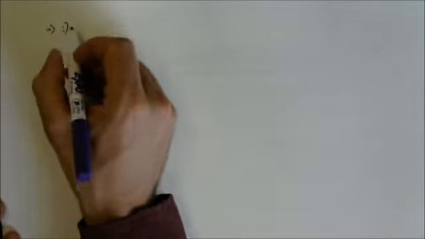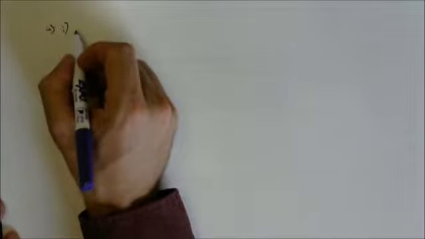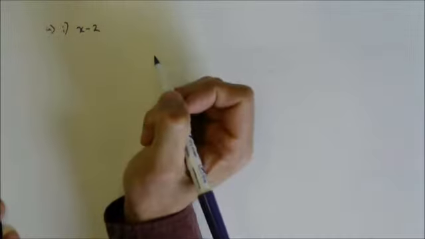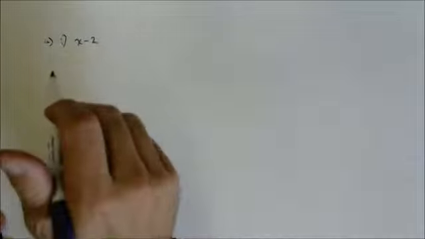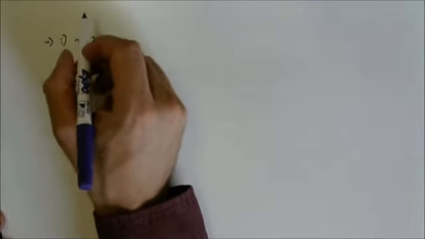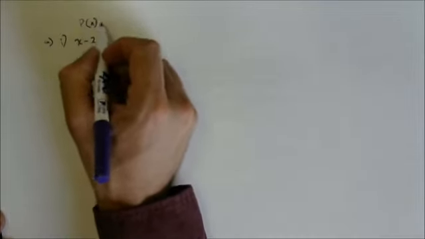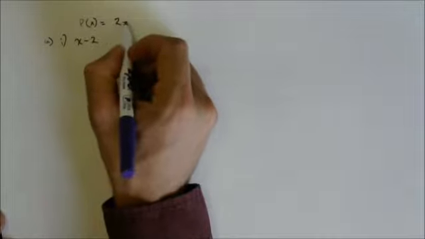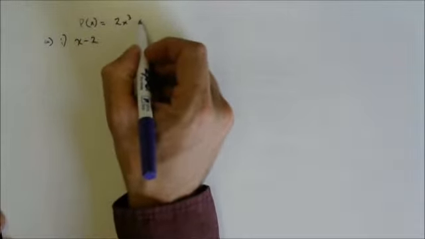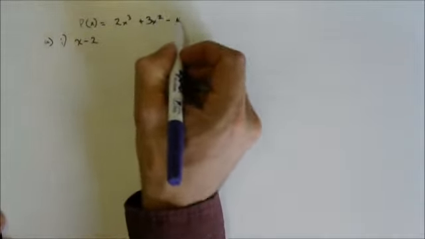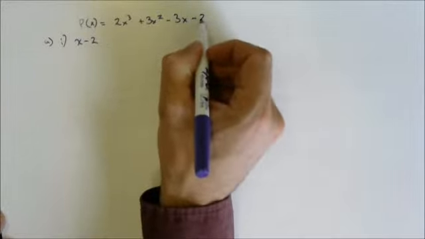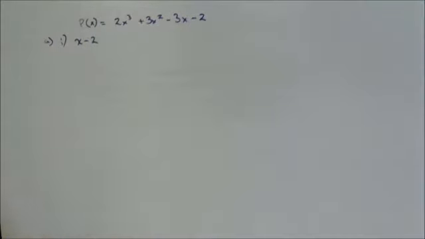In example 1a, part i, we are going to test whether or not x minus 2 is a factor of p of x, which I'm just going to jot down for myself: 2x cubed plus 3x squared minus 3x minus 2. Always make sure you've copied things down properly.